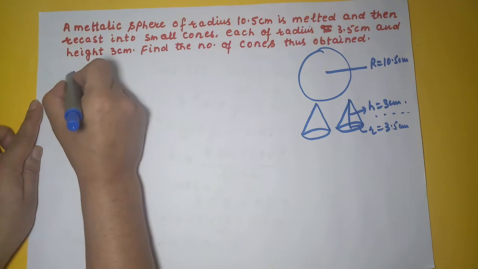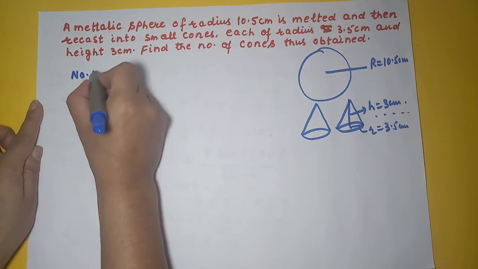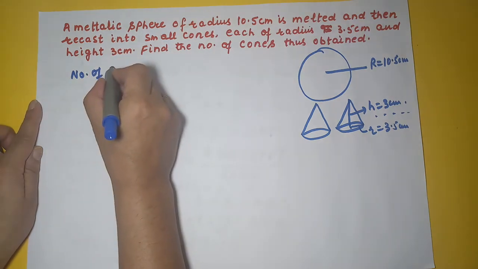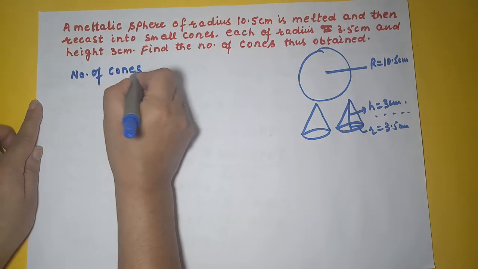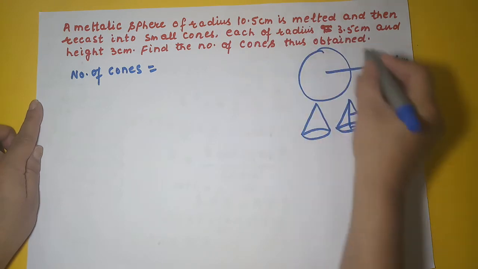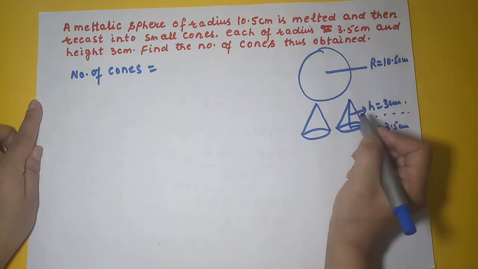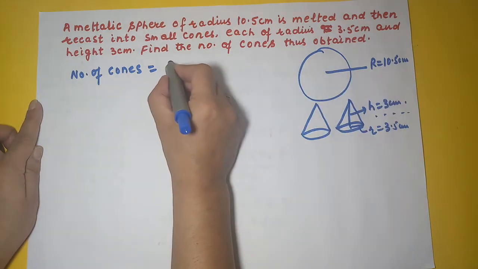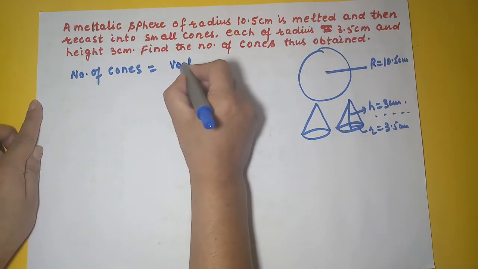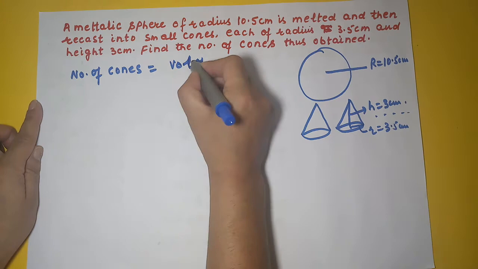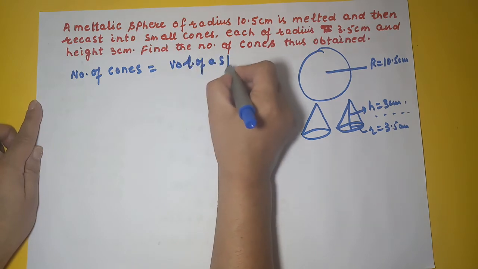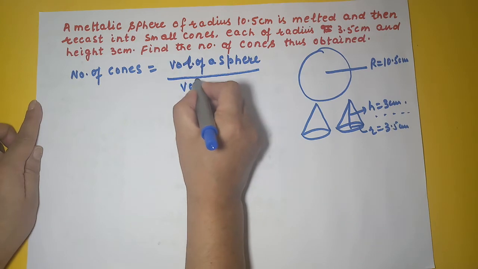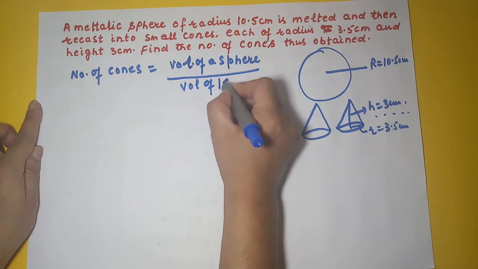But we know that whenever we have to find the number of cones, it is equal to the volume of the shape that we are melting, here a sphere, divided by the volume of one cone.